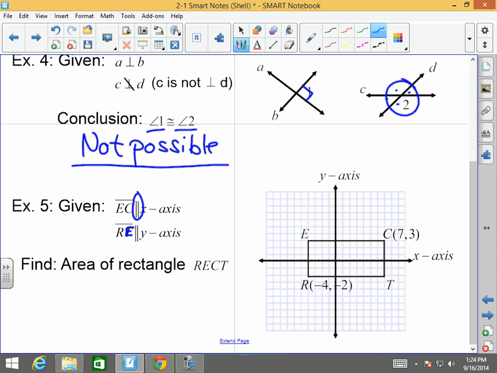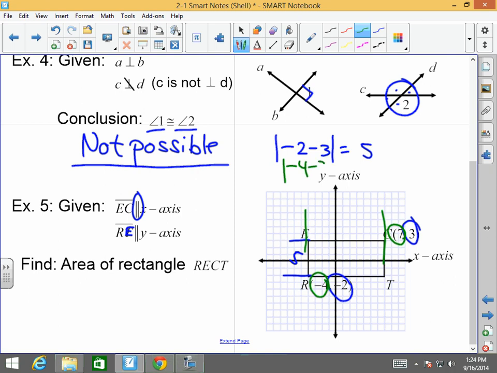How do I find the length of RE? You can count the spaces or use the formula. Don't I go from -2 to 3? Right? So -2 minus 3, that's absolute value of -5, which is 5. So that's 5. How do I find from here to here? Right. From -4 to 7.